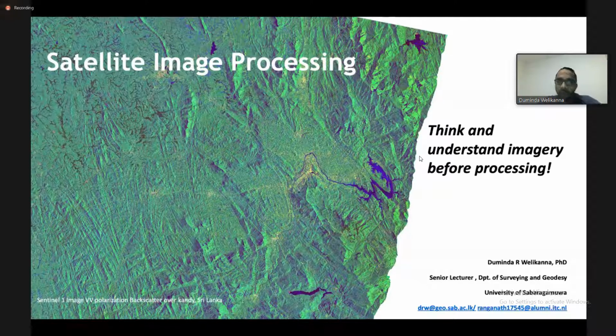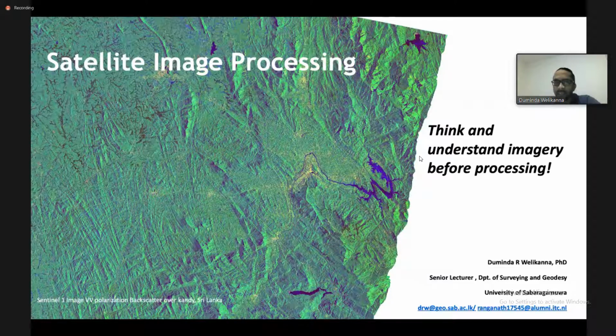So I'll start with the processing of satellite images. What you see is a satellite image from synthetic aperture radar over the ancient city of Kandy. As you can see, this is the Victoria Dam and Kandy, located near the Mahaweli River basin.